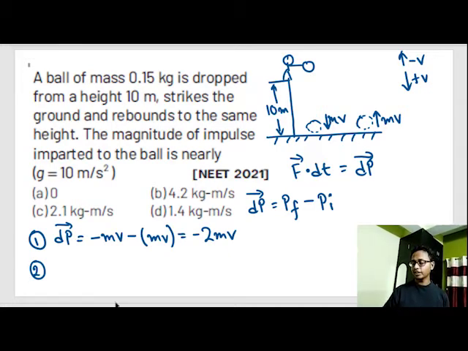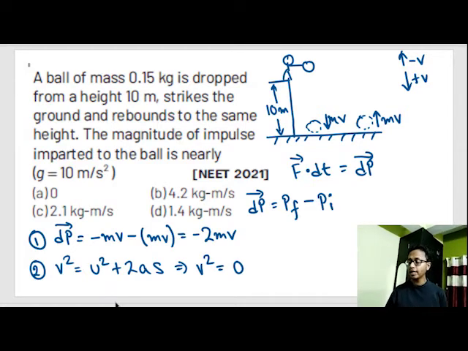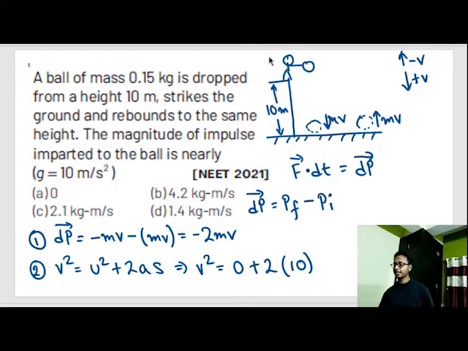So if the first one didn't work out, let's try the second formula. v square is equal to u square plus 2as. s is nothing but the displacement traveled by the ball. v square is the final velocity that we have to find out. u square is the initial velocity. Initial velocity is 0. Why? The ball is dropped. Plus 2a. Acceleration is nothing but g. g is given as 10, into s. s is the displacement of the ball from here to here, which is given as 10 meter.